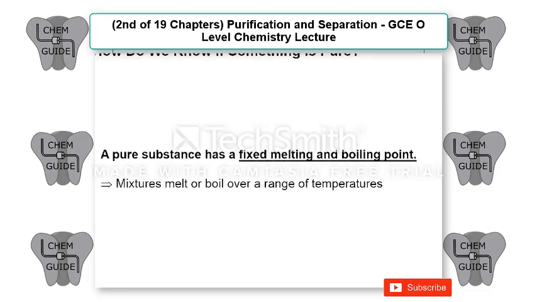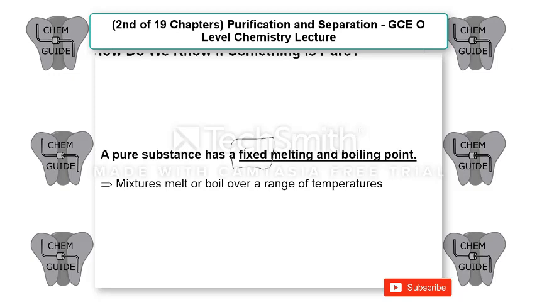Right. So after learning all these different separation techniques, how do you apply it? One of the applications is to determine if a substance is pure. If it is a pure substance, it will melt and it will boil at a fixed temperature. So pure water boils at 100 degrees Celsius, pure ethanol boils at 78 degrees Celsius.